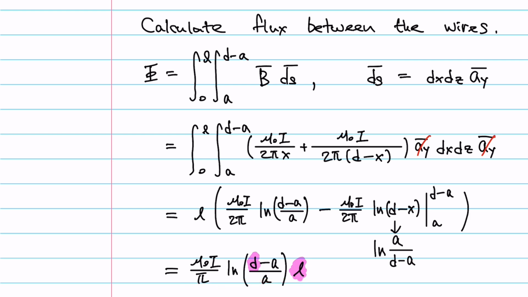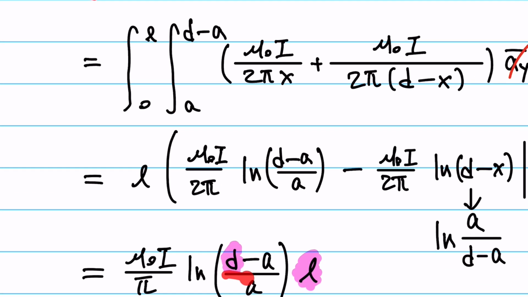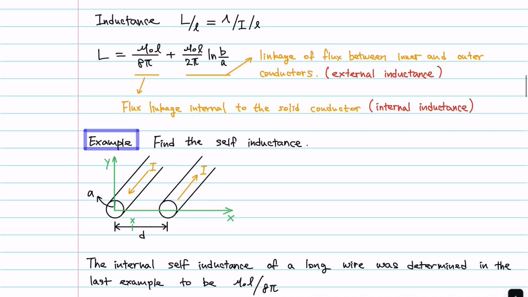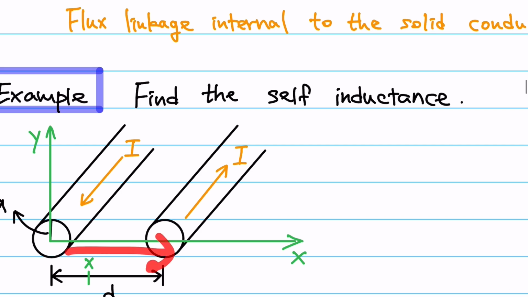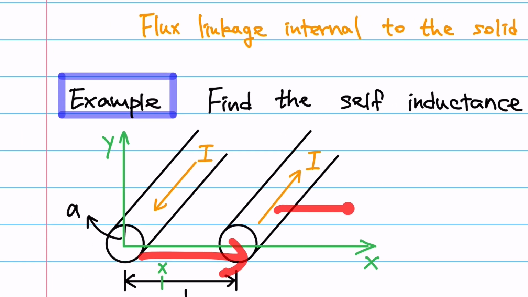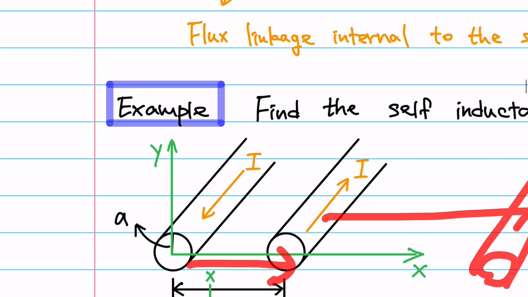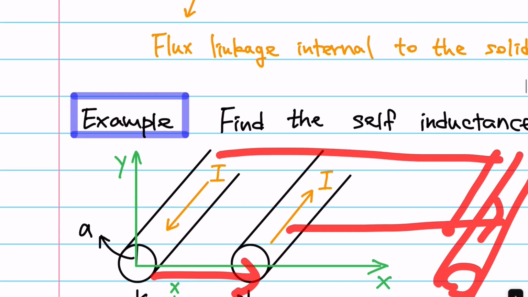You can now see that the amount of flux passing through the two wires will increase if you increase the d, which is the distance between the two wires. So if you move this second wire away and place the wire over here, then you have a wider surface area, right?